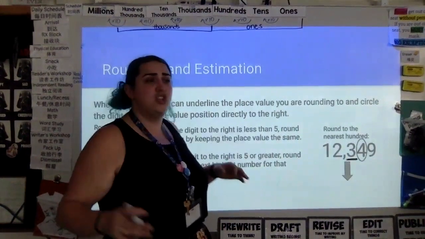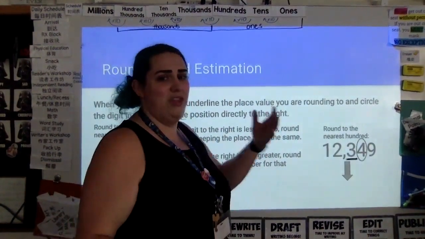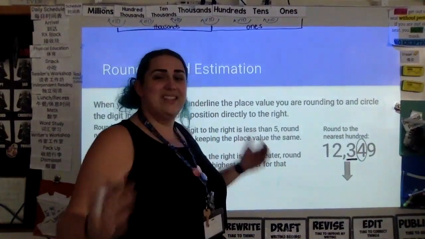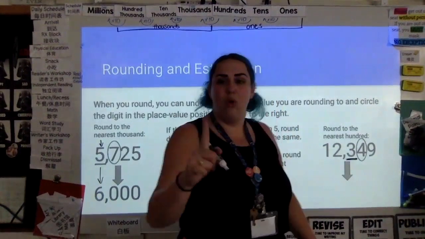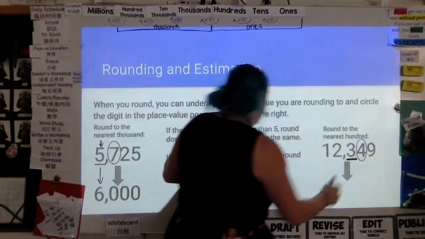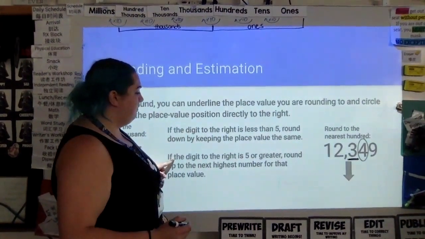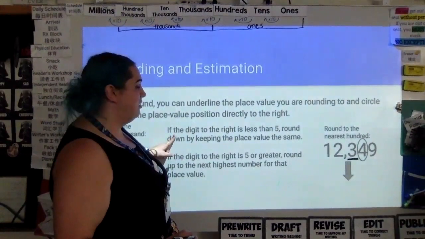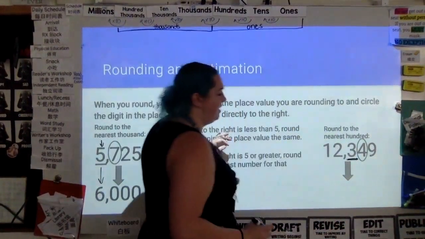It's never going to jump like 2 digits. It's never going to go from a 3 to a 5 or a 3 to a 1. It's either going to stay the same or become 1 more. This 4 is telling me, it says right here, if it is 5 or less, it stays the same. My 3 is going to stay the same.